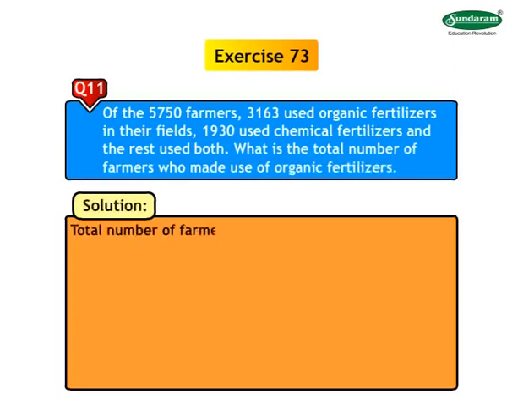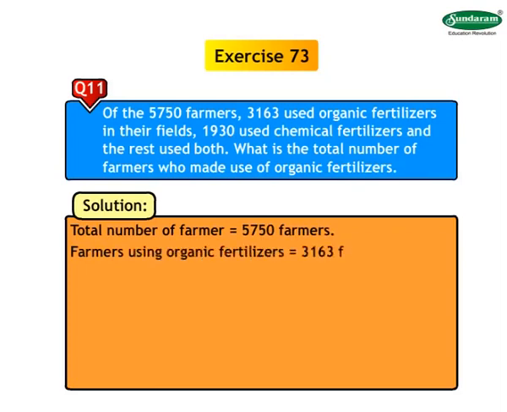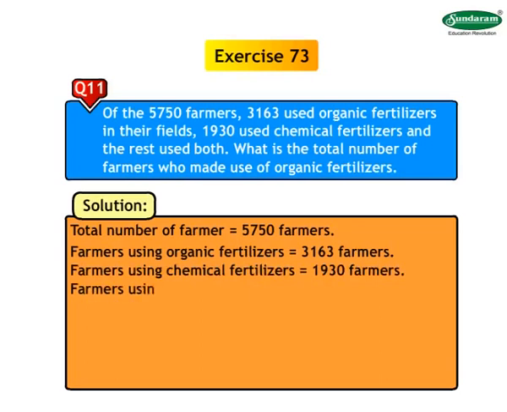Total number of farmers is equal to 5,750 farmers. Farmers using organic fertilizers is equal to 3,163 farmers. Farmers using chemical fertilizers is equal to 1,930 farmers. We first have to calculate the farmers left who used both kinds of fertilizers.